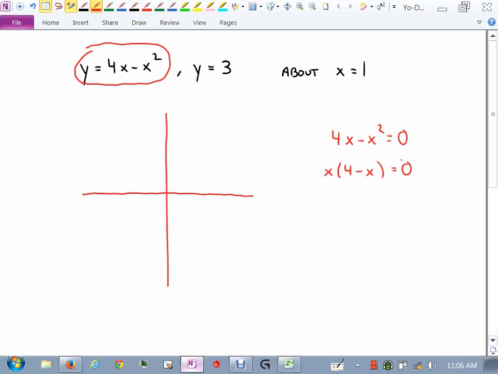So 0 and 4. I know that this graph hits at 0 and positive 4, and it opens down, so it's going to look something like this.